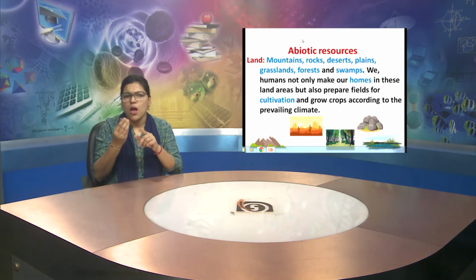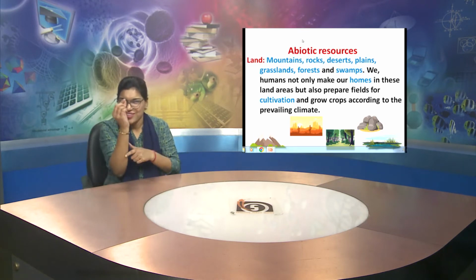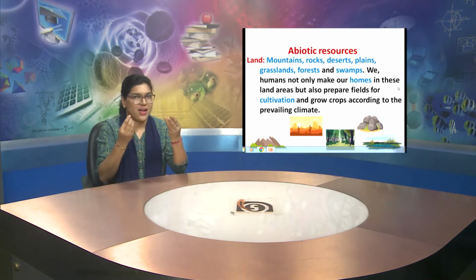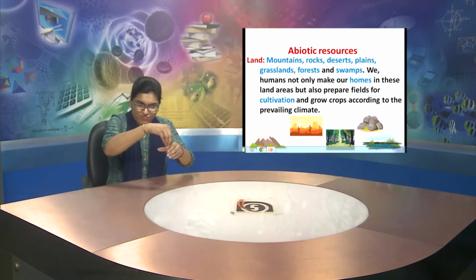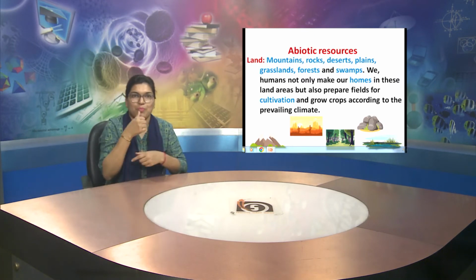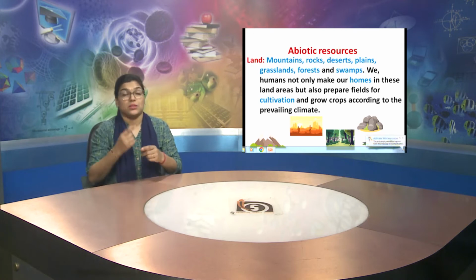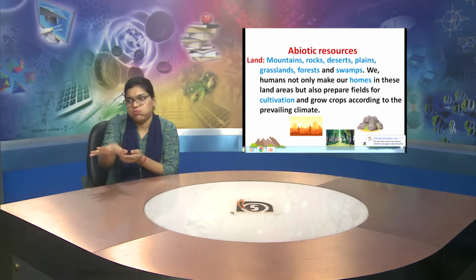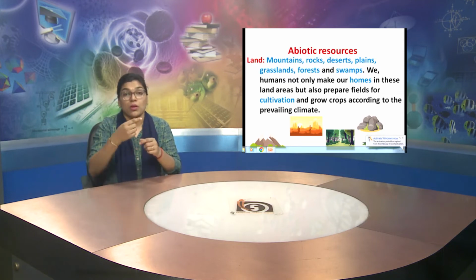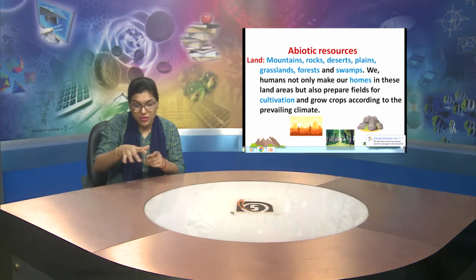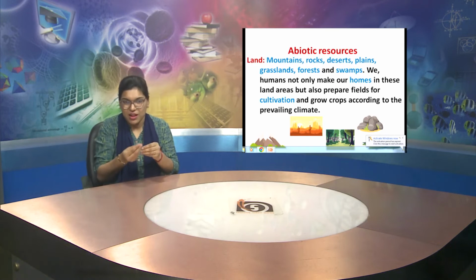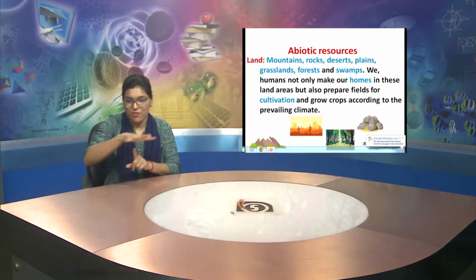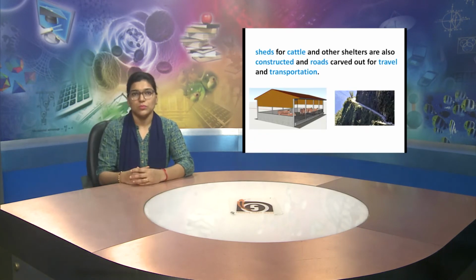So, land is an abiotic resource which we use for different purposes. We grow plants, we cultivate crops. So, land is a powerful abiotic resource, and we make whatever modifications we do in our prevailing climates.